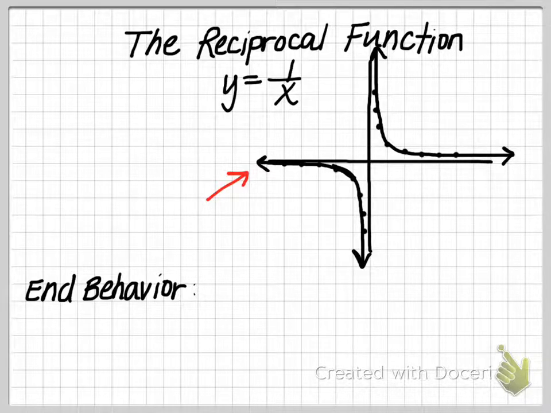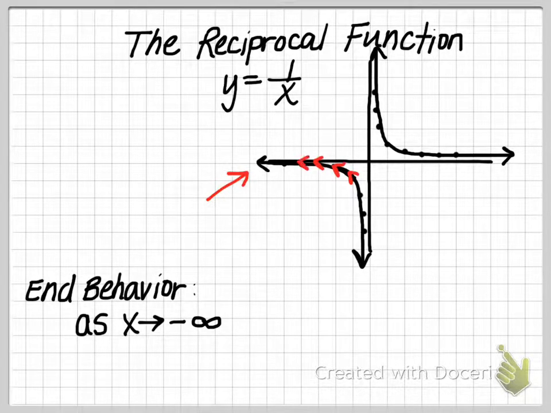The way we would write this mathematically, our end behavior, we're saying as x approaches, and we use this arrow notation for approaches, as x approaches negative infinity. That means I'm traveling to the left on my curve. So pretend like you're a little ant on this curve, and here I am traveling on the curve to the left. What's happening to my y values?